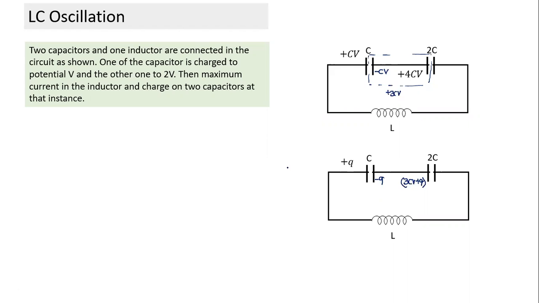In this case, we need to find the energy in the capacitors for this charge distribution. The energy in the capacitors for this charge distribution will be equal to Q square by 2C plus the second term, and then dU by dQ is equal to 0.